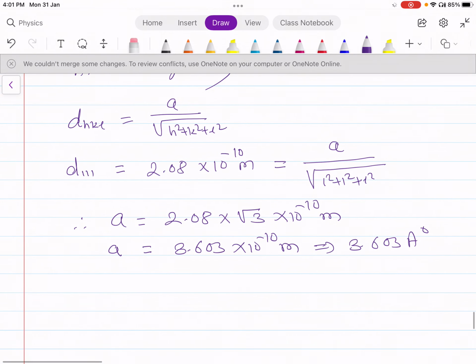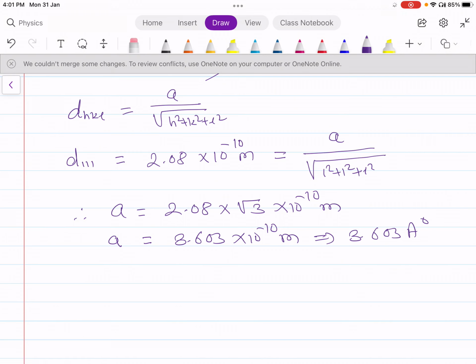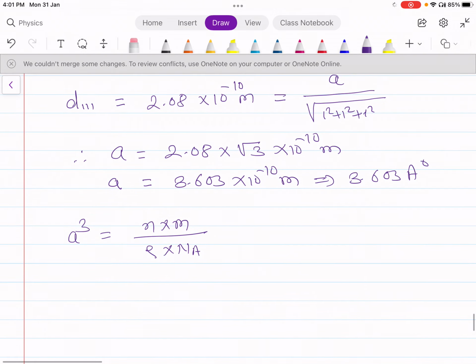Now once you know the value of a, we can find the atomic weight. The relation for that is a cube equals n into M divided by rho into Na, Avogadro's number. What we have to find is M here, the atomic weight.